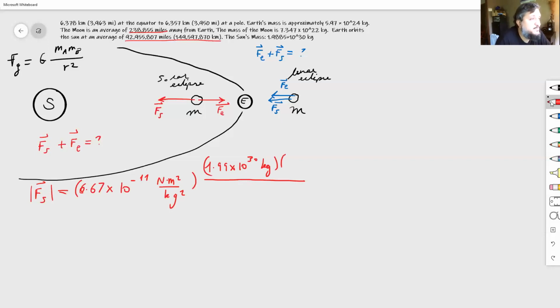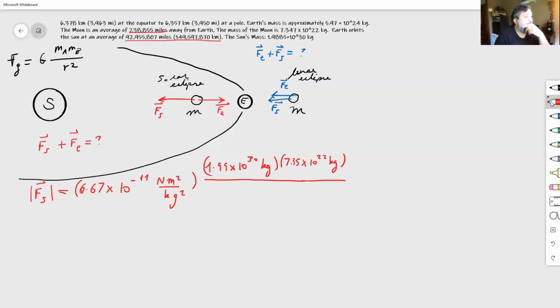Where is it? 7.35 times 10 to the power 22 kilograms.